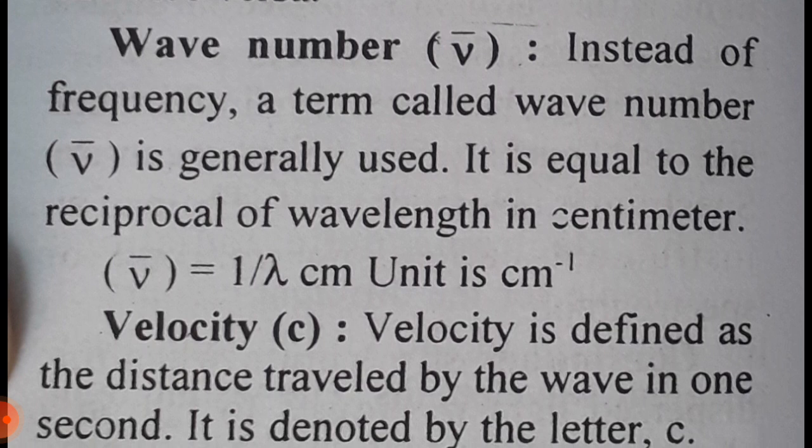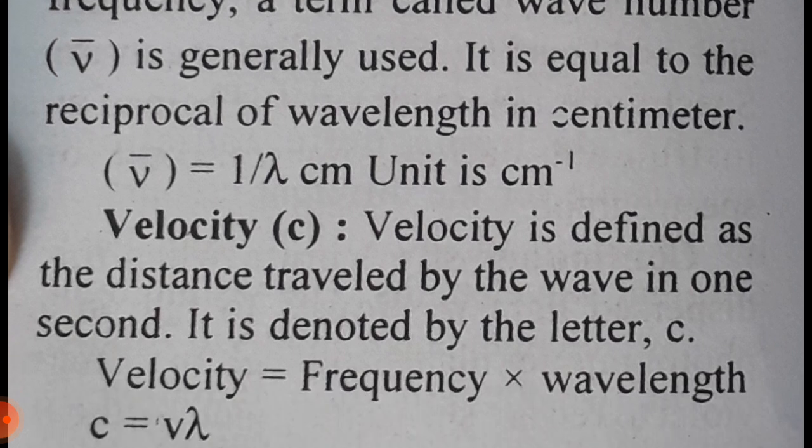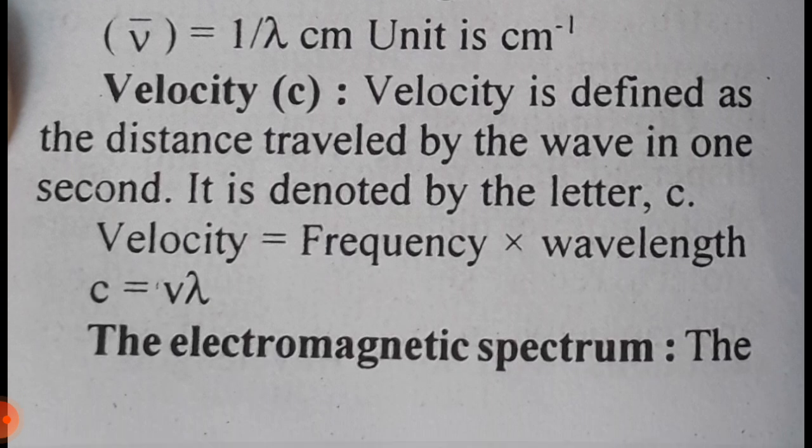Wave number. Instead of frequency, a term called wave number is generally used. It is equal to the reciprocal of wavelength in centimeters. Wave number is equal to 1 by lambda. The unit is per centimeter.